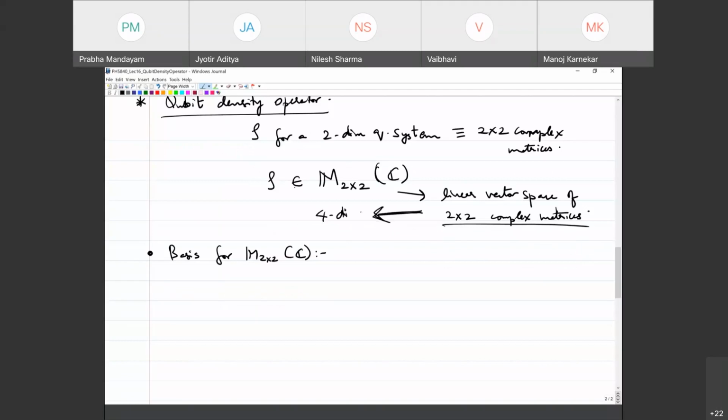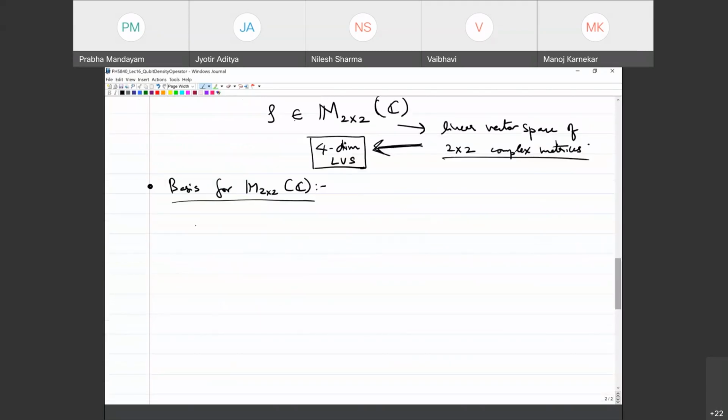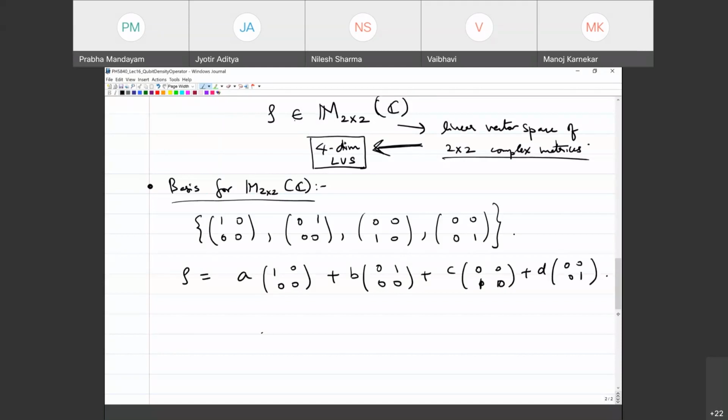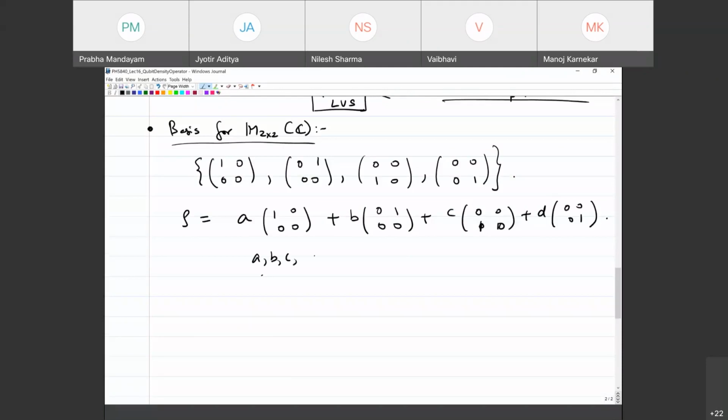So this is a 4-dimensional linear vector space, and the basis will require 4 elements. This is the basis that we wrote down, a basis of matrices like this. Of course, every matrix can be written as some A times 1 0 0 0 plus B times 0 1 0 0 plus C and D times the other two, where A, B, C, D are all complex.